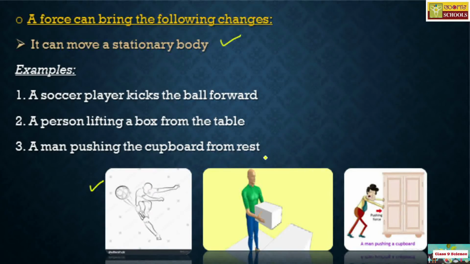In the second example, a person lifting a box from the table. It is also the same process, that is, the force can move the stationary object. With the help of muscular force, a person is lifting the box from the table.